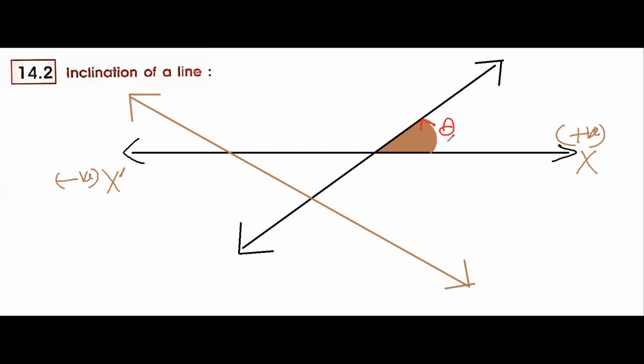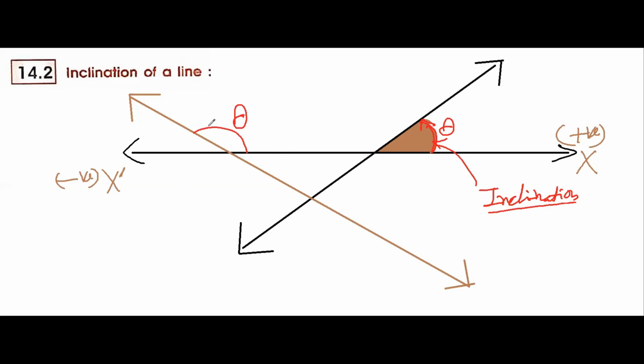So this theta is called the inclination of a line. If someone asks you the inclination of this line, you will say theta. Similarly, for this line, theta is the inclination. Although it is an obtuse angle, always measure from the positive direction of the x-axis.